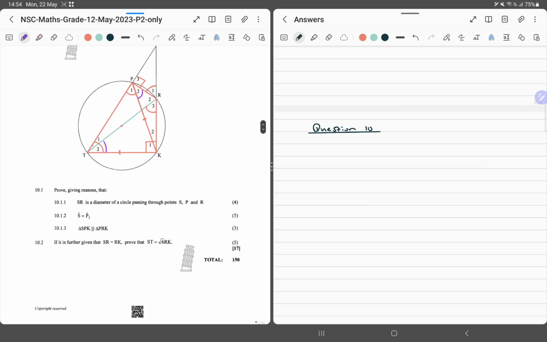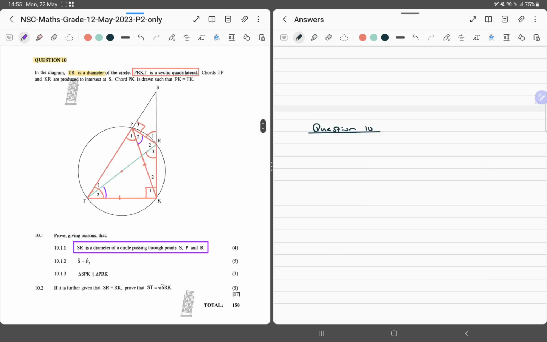Now let's finish up. It says now, prove giving reasons that SR is a diameter of a circle passing through S, P, and R. So basically we want to prove that this friend is a diameter.